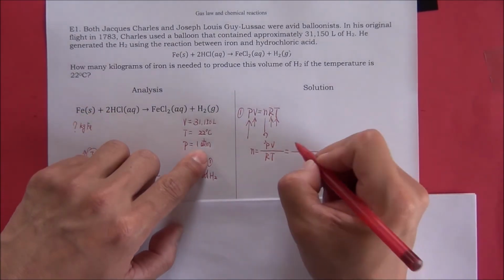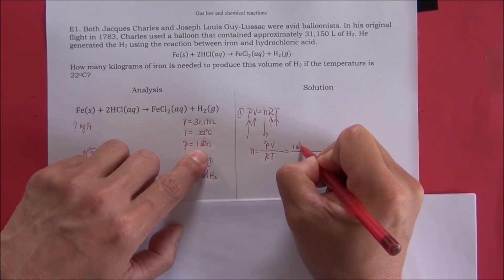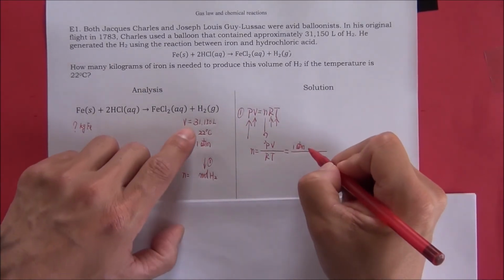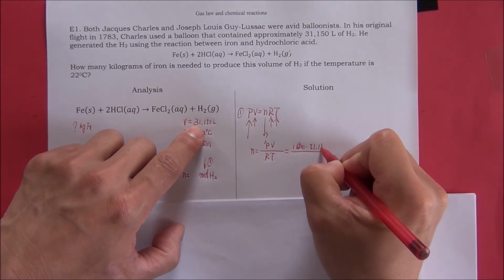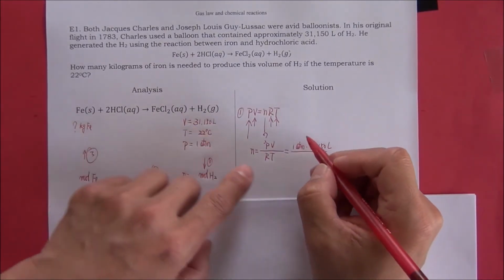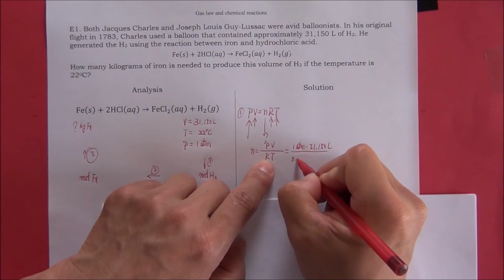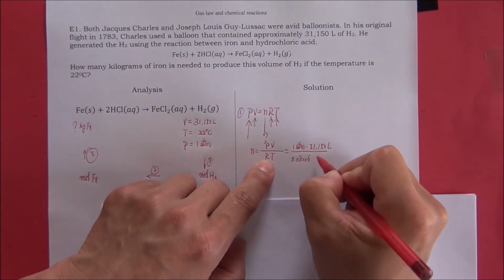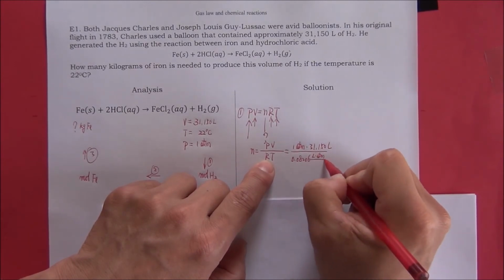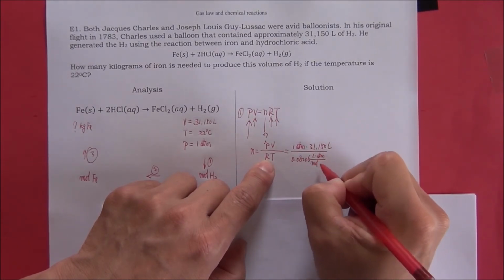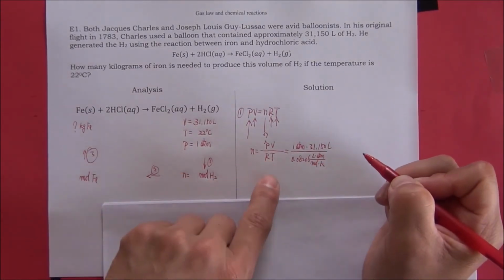The pressure is 1 atmospheric pressure. The volume is 31.150 liters. R is 0.08206 liter atmospheric pressure over moles and Kelvin.